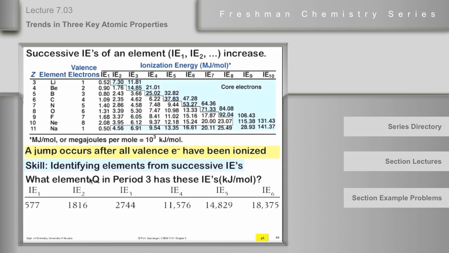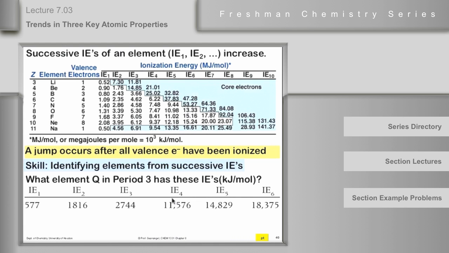So, here we are. What element Q in period 3 has these ionization energies, and these are in kilojoules per mole? So, IE1 is 577. IE2 is 1816, went up about a factor of 3 here. IE3 is 2744. Okay.